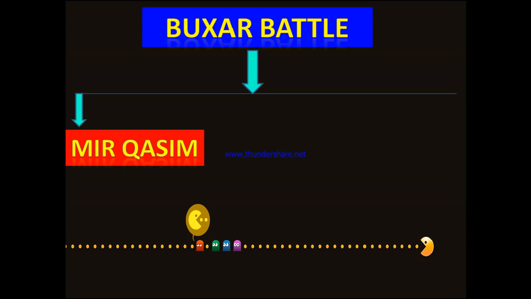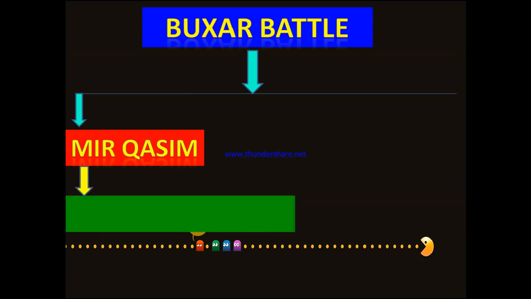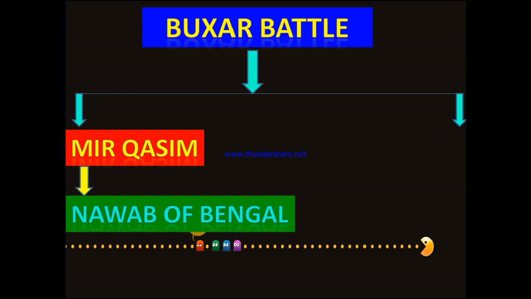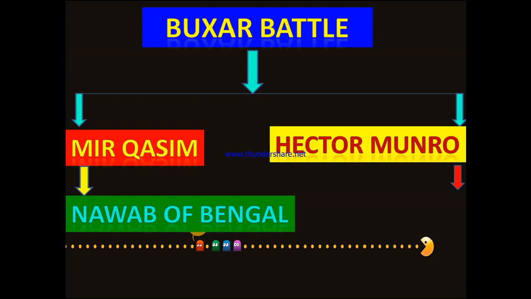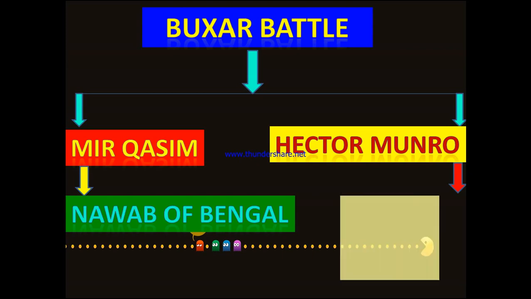So he also, in the initial years, became a puppet in the hands of the East India Company, and he also did not like the actions and the methods followed by the East India Company. He also turned against the East India Company. At the time, Hector Munro was the army commander of the East India Company.